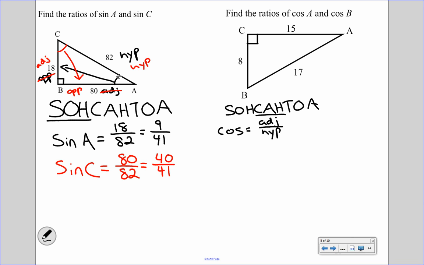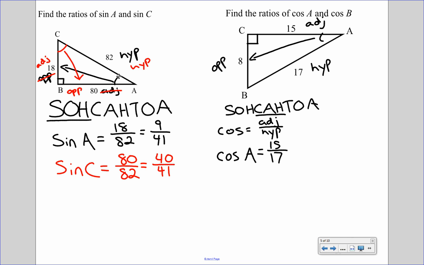If we start with angle A, the side across from it is its opposite side. The one next to it is its adjacent side. And our hypotenuse is across from the right angle. So the cosine of A equals our adjacent side, which we just decided was 15, over our hypotenuse, which is 17. This can't be simplified, so that's all we need to do.